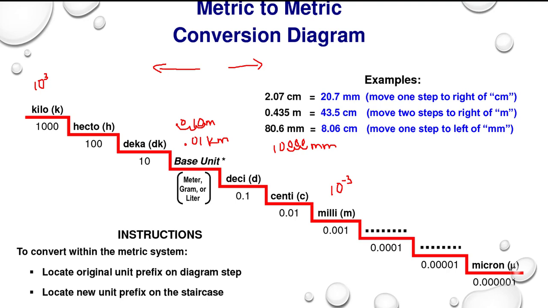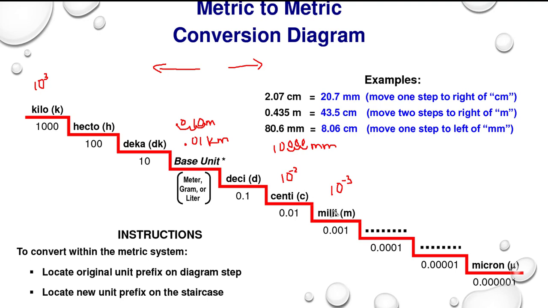We have, for example, the centimeter to millimeter, so centi to milli. Remember, centi is 10 to the minus 2, and we're moving from centi to milli, so 10 to the minus 2 to 10 to the minus 3. So we're moving 1 step to the right, or 1 step down.